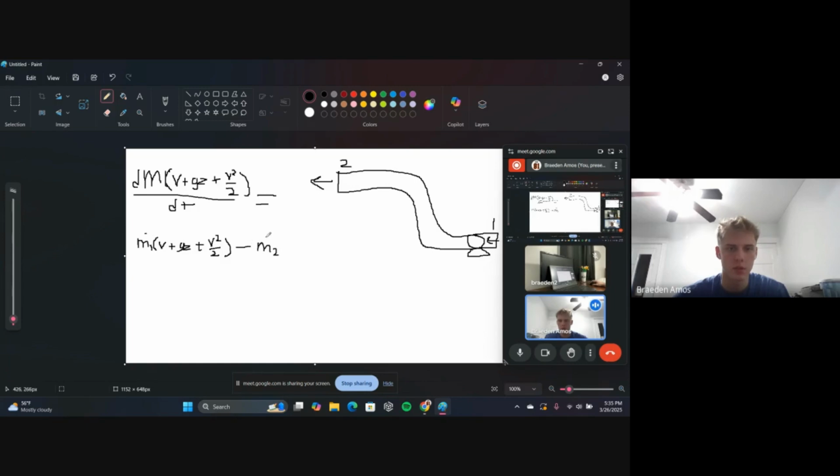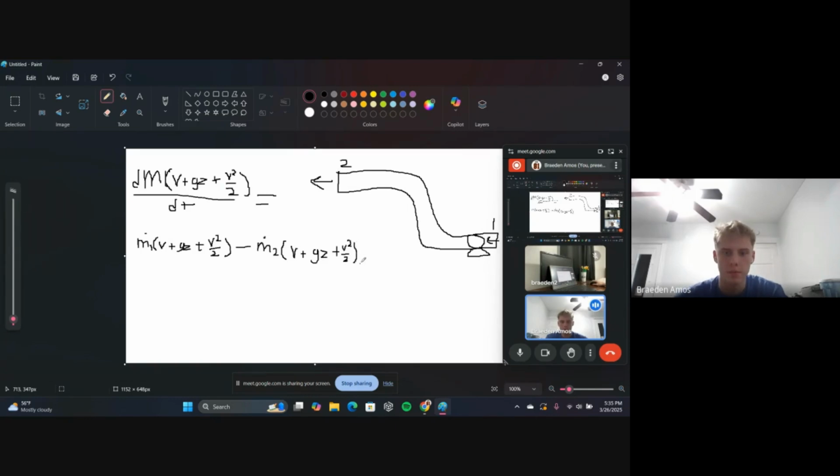Basically that just means it's related to kilograms. So we have the same thing: U plus G Z plus V squared over 2.